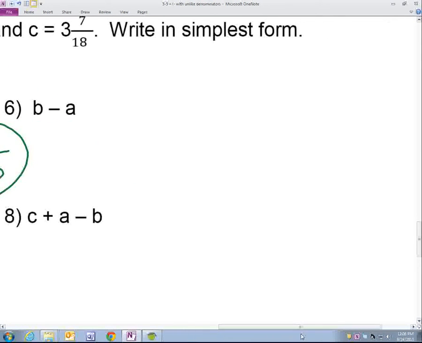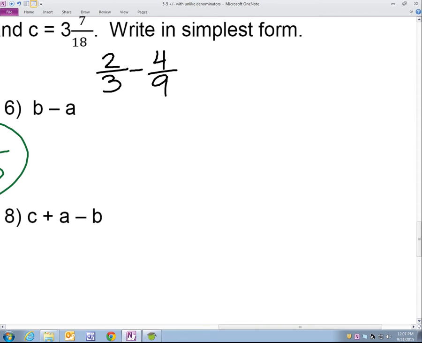Now we have B minus A. It's subtraction. B equals 2/3 minus A, which is 4/9. What's going to be the least common denominator just by glancing at it possibly?